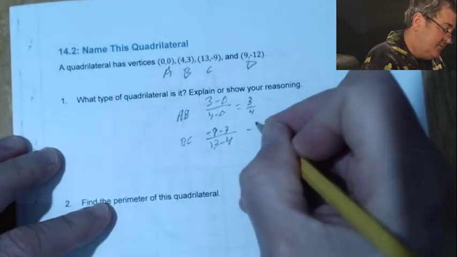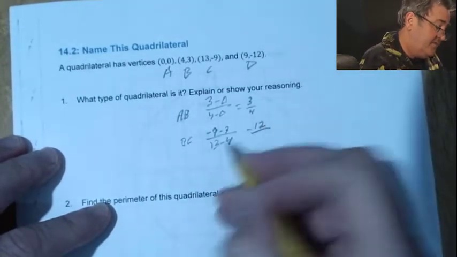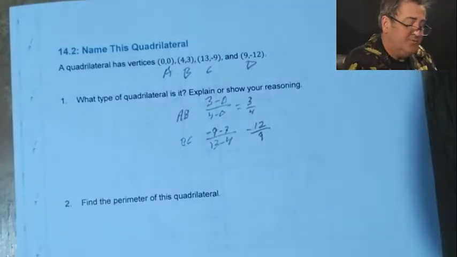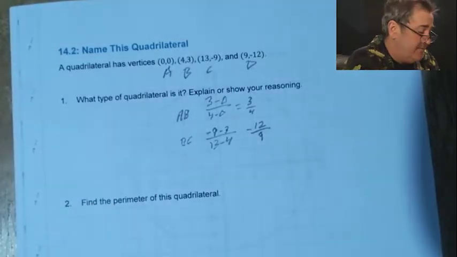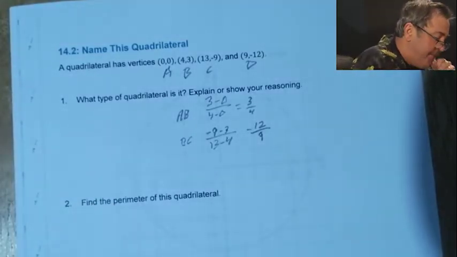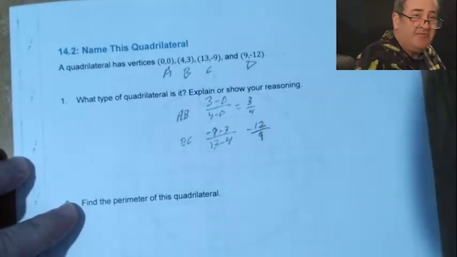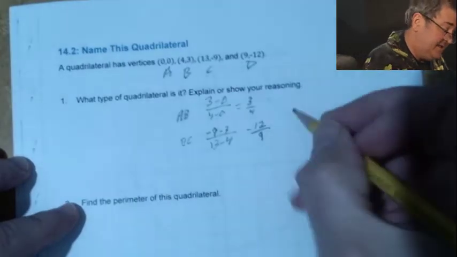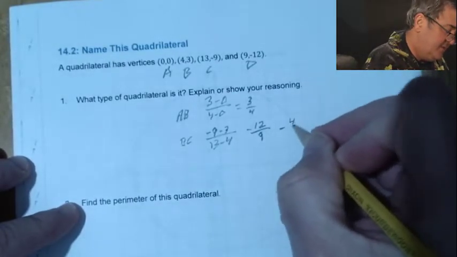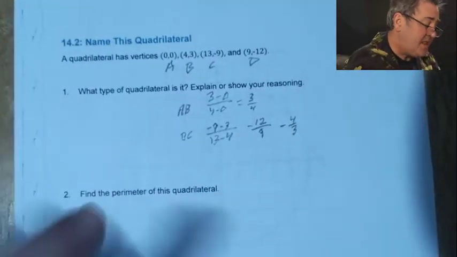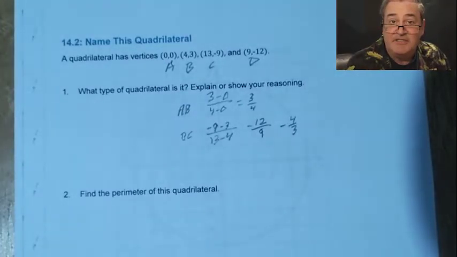That is -12. And 13 minus 4 is 9. Okay, so we got -12/9. Let me simplify that. If we take 3 over 3 and divide it into that, we can simplify this down to -4/3. Ah, very good. That tells us a lot.